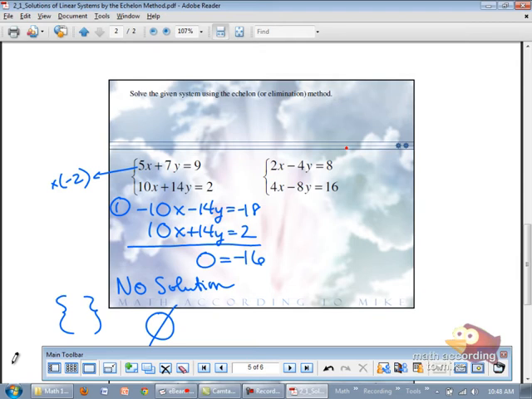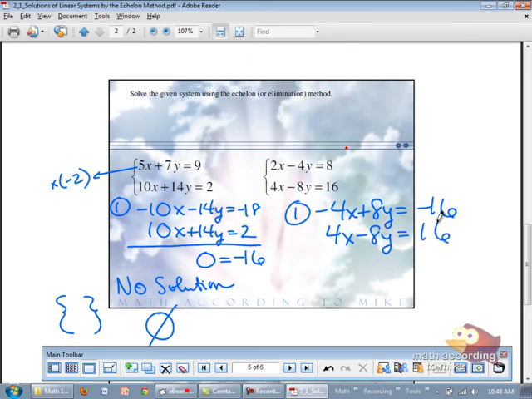Well, let's go for eliminating y this time. He wonders what will happen. Why don't we multiply the first equation by -2? Going about my business, nothing's really happening.